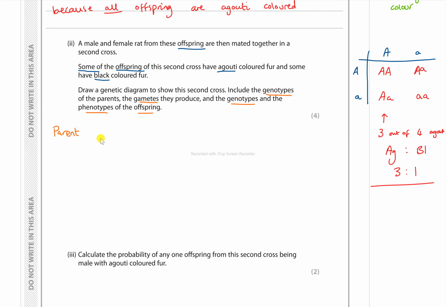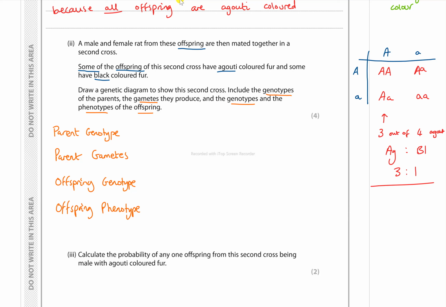So the parents' genotype, the parent gametes, the offspring genotype, let's write it for you, and the offspring phenotype.